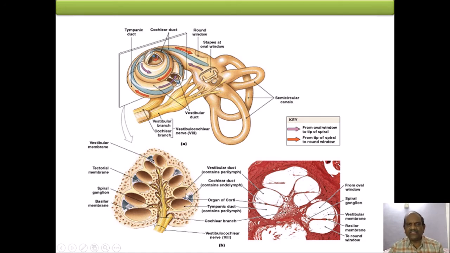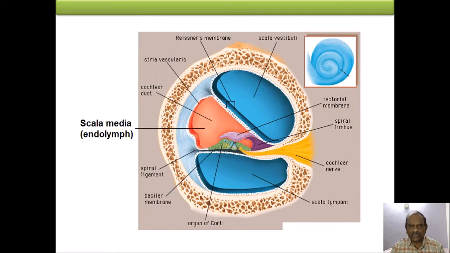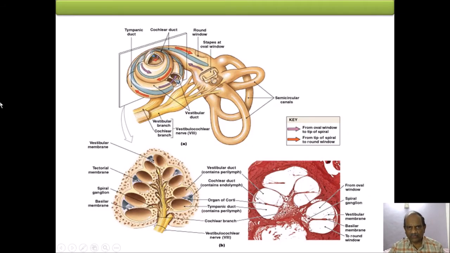All these chambers are filled with fluid. The types of fluid are totally different. Just give a look to this figure, then you will understand. We have considered only one part of this figure.